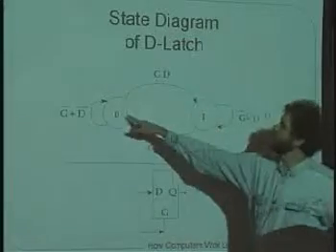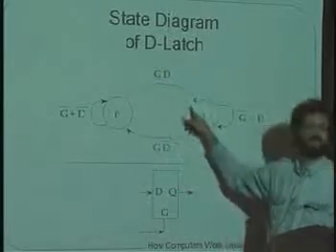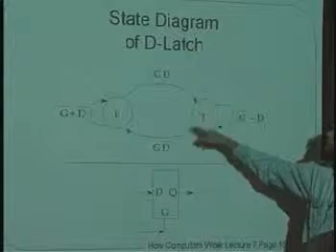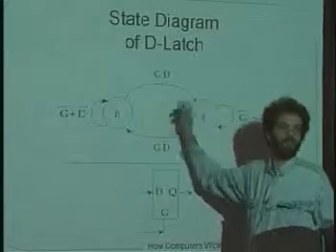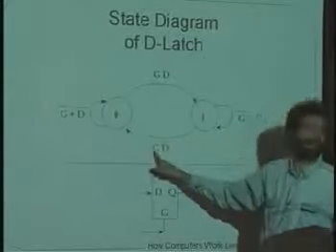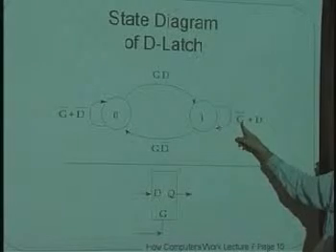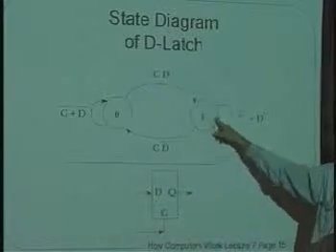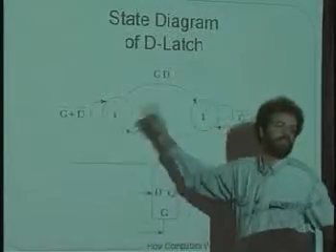If it's in the 0 state and the gate is high and the data is high, it will switch to the 1 state. If the gate is high and the data is low, it'll switch to the 0 state. And it'll go to whichever of these 2 states the data says to go to, as long as the gate is high. As soon as the gate goes low, however, it stays in this state.